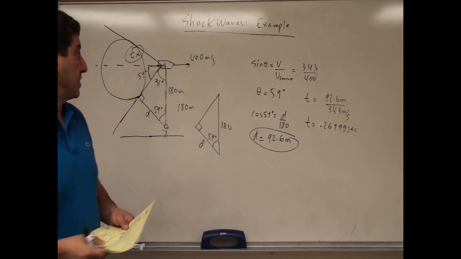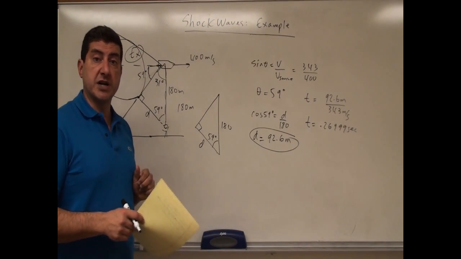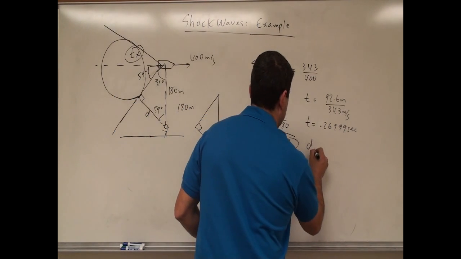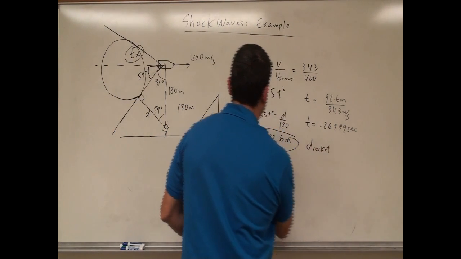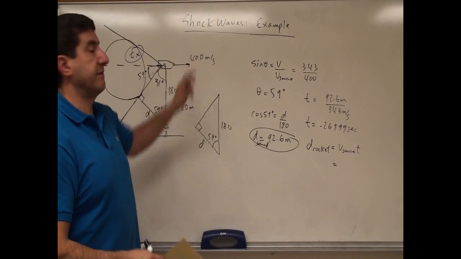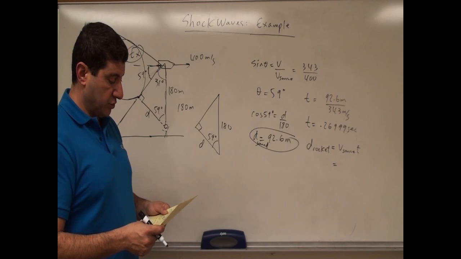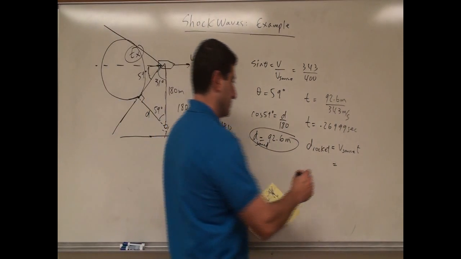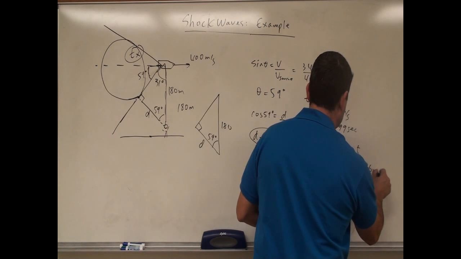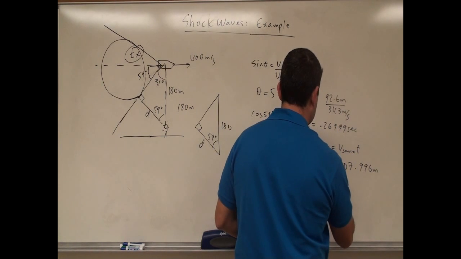The other thing we can calculate is how long the rocket would have traveled during that time interval, right? So the distance of the rocket, and this is the distance of the sound. And we multiply it by 400, right? When we do that, we get 107.996 meters, the distance of the rocket.